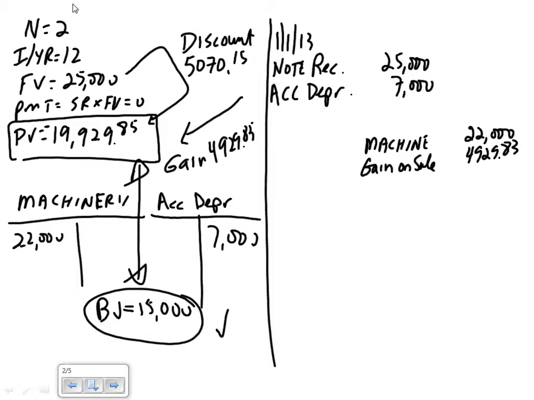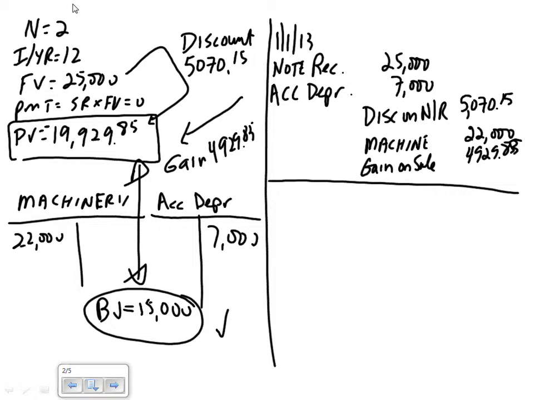I'm going to put that in here: discount on note receivable, $5,070.15. There's a little bit of a rounding error there. And so that would be my journal entry to take care of this transaction.